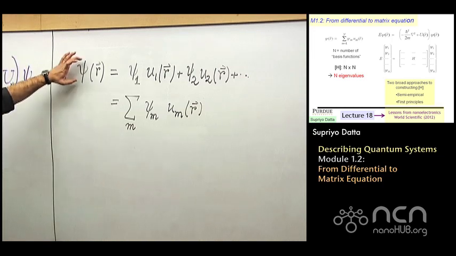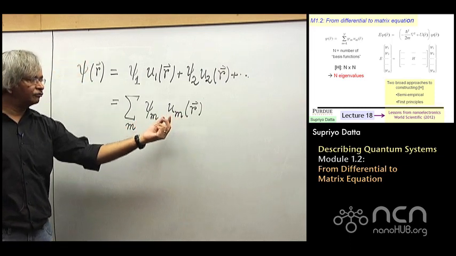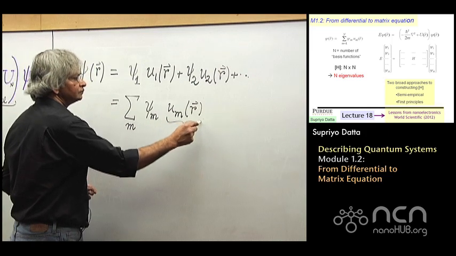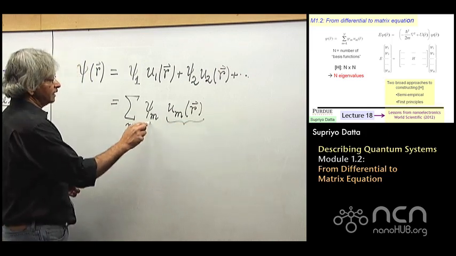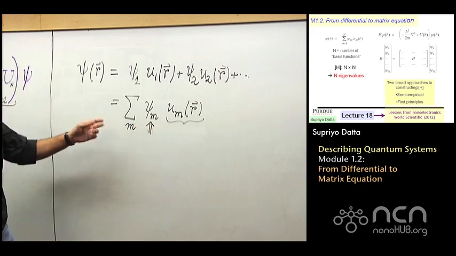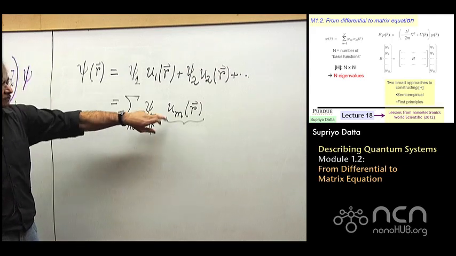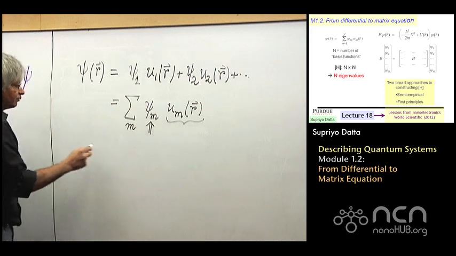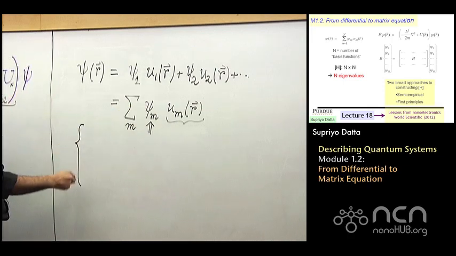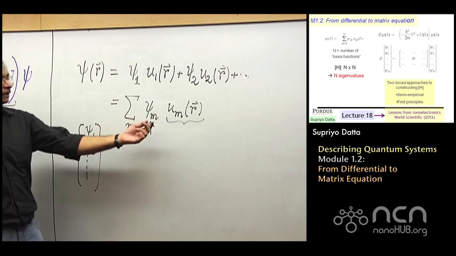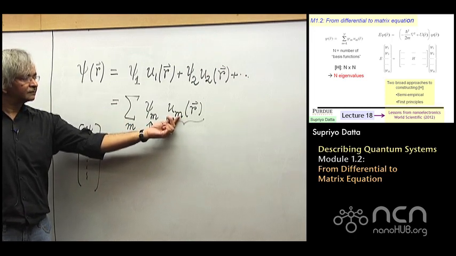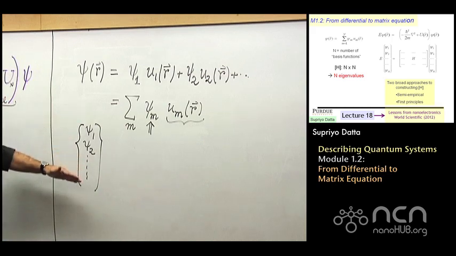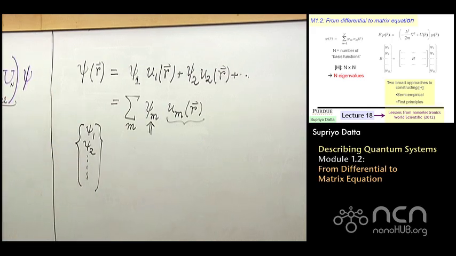So this is the function we do not know. We're trying to find this function, and we write it as a linear combination of a set of functions we do know and a bunch of numbers here, which are the coefficients, which tell you like, okay, it's 0.7 times this one plus 0.5 times that one plus 0.6 times that one, etc. And these numbers, when you write them in a column, psi1, psi2, etc. So if I had 100 of these basis functions, then there would be 100 of these numbers, which you could write in a column like this, and that is what this is.